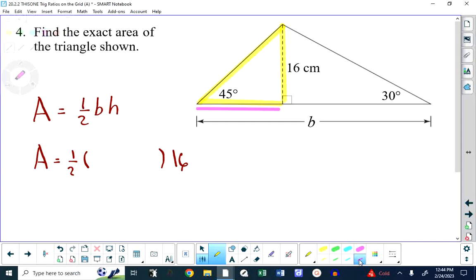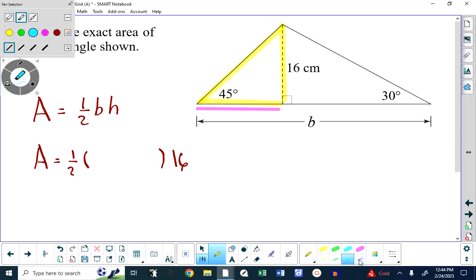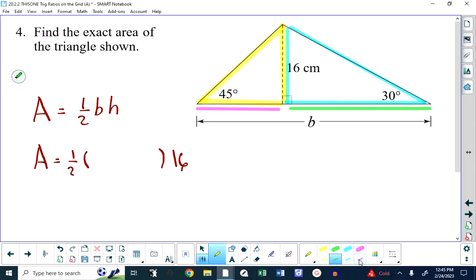And then we can use the triangle on the right to determine the length of this side. And then we can add that pink or magenta to the green and get the base of the whole triangle. So that's our job here.